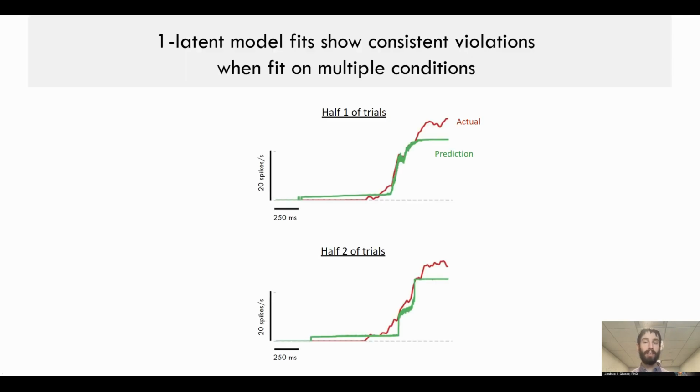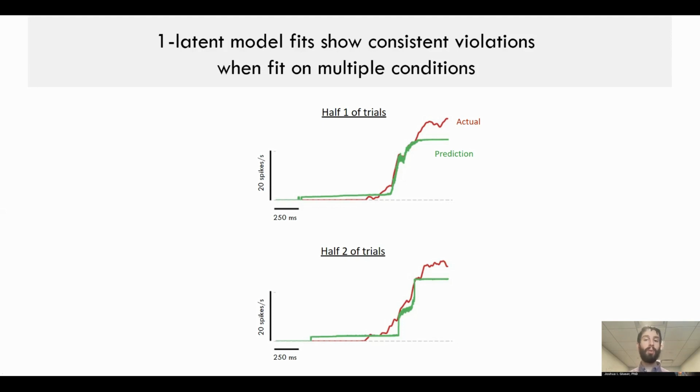So in this case, showing the actual activity averaged in 2 different halves of trials, and then the predictions, you can see by eye that they look somewhat consistent. On the left, early in the trial, there's overshooting, and on the right, towards the end of the trial, there's undershooting of the prediction.